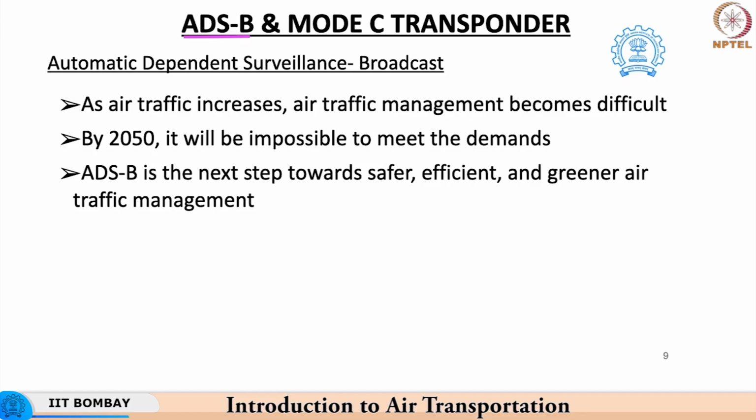So, because of this increase in air traffic, air traffic management is becoming more and more difficult. In fact, by 2050 with the current air traffic management services, it will become even more difficult if a more advanced surveillance system is not implemented throughout the globe. Thereby comes the ADS-B technique.